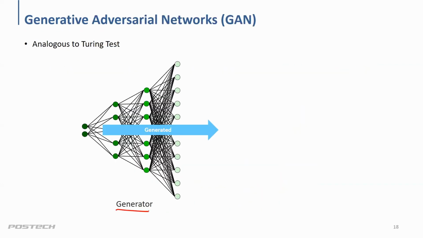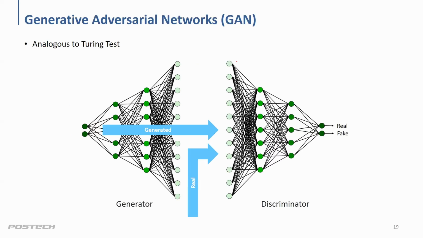So here is the generator. From the latent space, we generate something, because the data is generated, and we add a discriminator. It takes inputs, but it can take the input from the generated one or the real one.